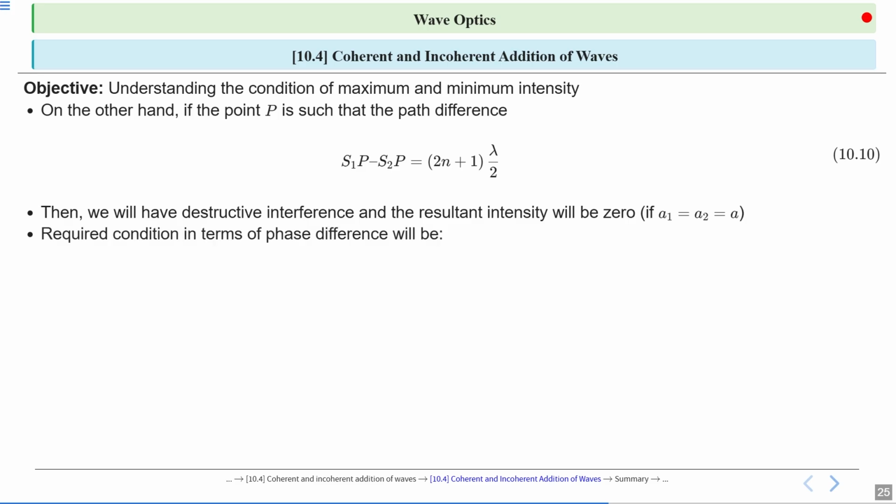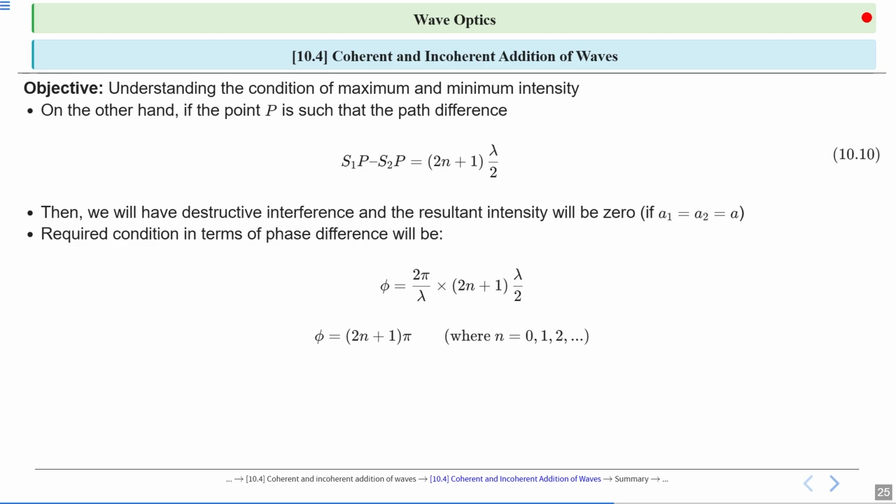So, the required condition in terms of phase difference: for destructive interference, the phase difference should be 2 pi upon lambda multiplied by 2n plus 1 lambda by 2. So phi, that is the phase difference, will be equal to 2n plus 1 pi, where n equals 0, 1, 2, and so on.